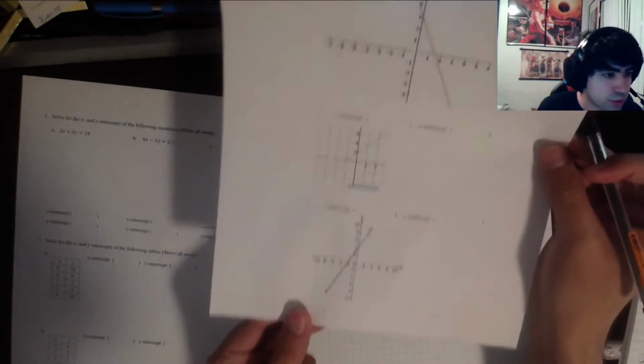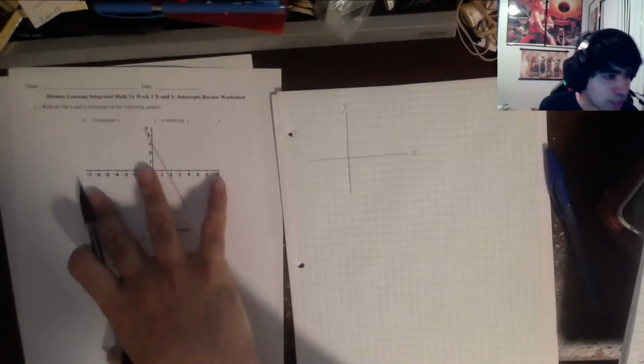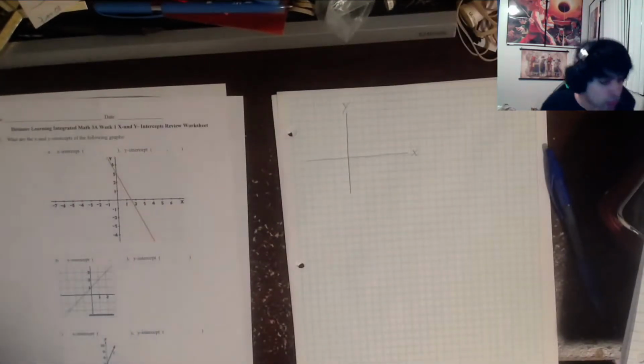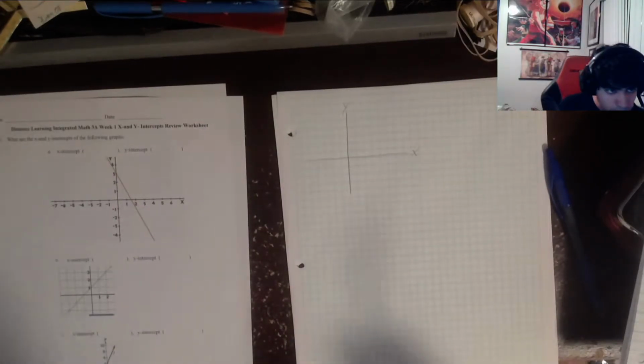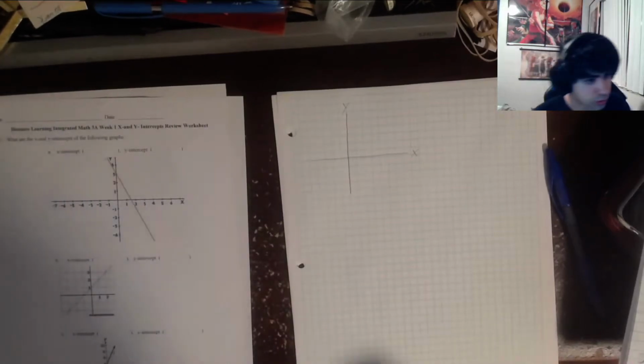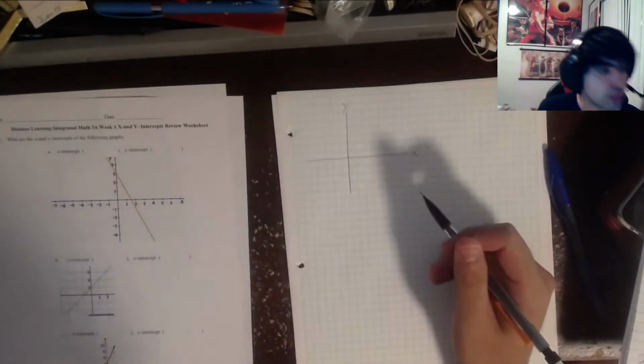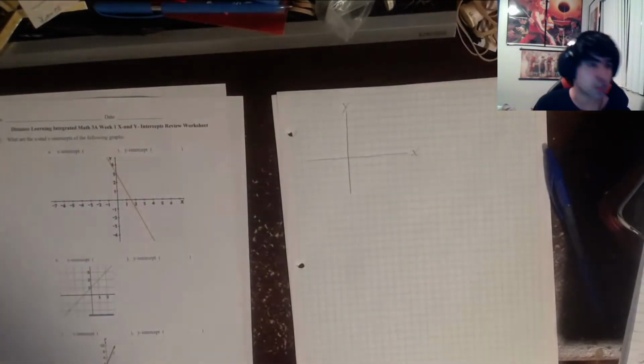I'm not going to be doing this worksheet, but I'm going to be doing similar problems, which you can apply to this. First off, let me just say, what are x and y intercepts? What does it mean by intercept?